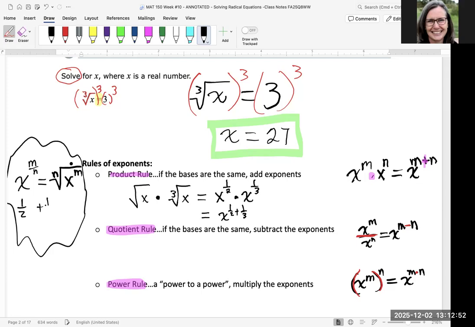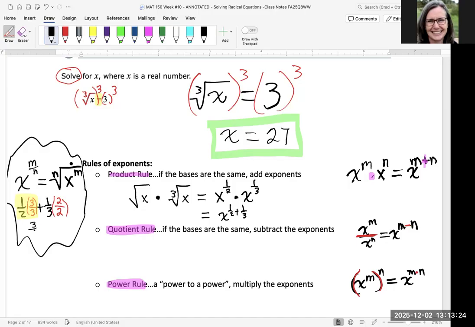1/2 plus 1/3. Rules of fractions. When you're adding or subtracting, you have to have the common denominator. Between 2 and 3, I'd like to have 6. I'm not allowed to change the value of this expression, 1/2 plus 1/3, but I can change how it looks. So I multiply this first term, 1/2, by the value of 1, written as 3/3.